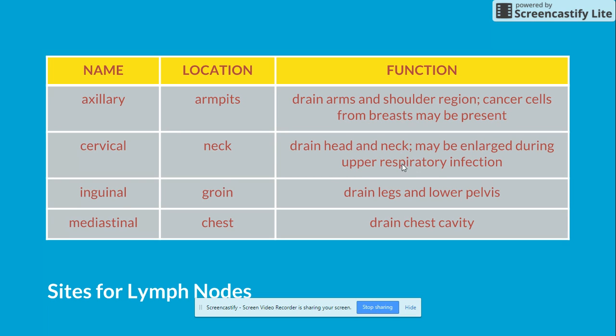So if you have an upper respiratory infection, then those lymph nodes are going to be inflamed. We have inguinal lymph nodes. That's going to be the groin area. So again, anything wrong with the legs or the pelvis area, those will be inflamed. And then mediastinal is a fancy term for chest area. So anything going on in the chest cavity.